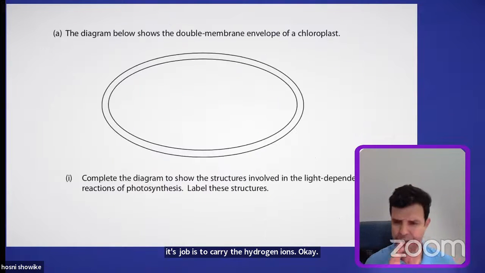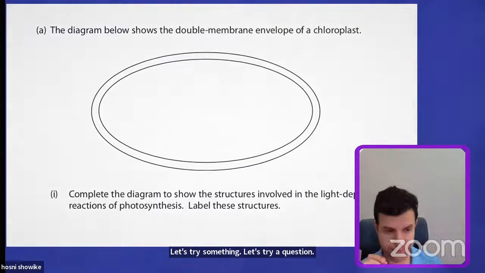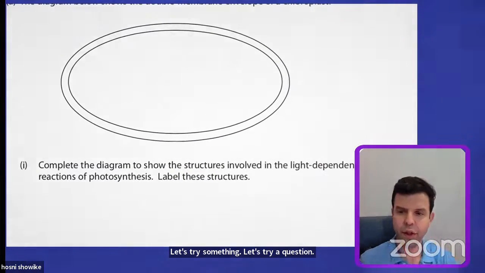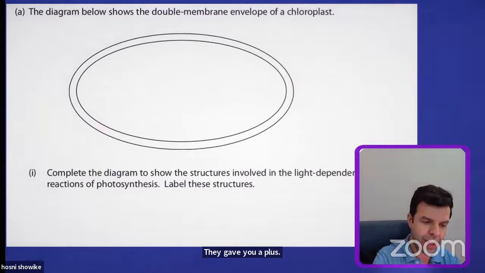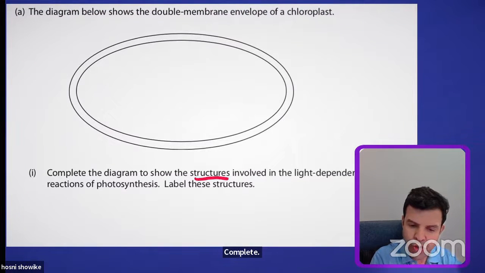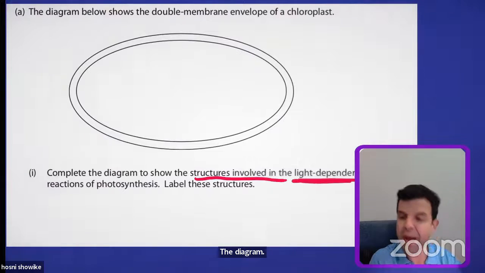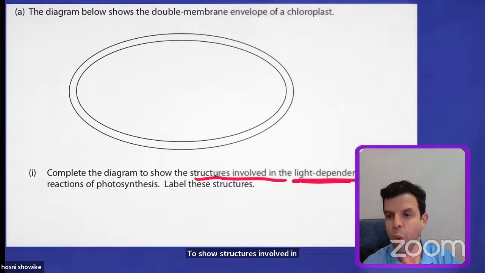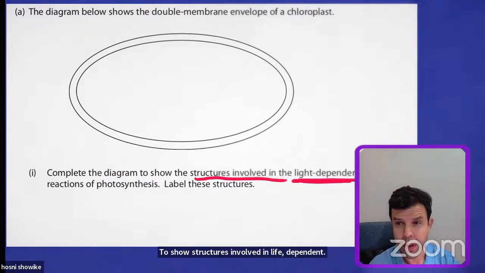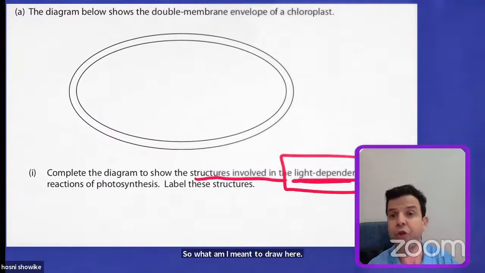Let's try a question. They gave me a chloroplast, and they said, complete the diagram to show structures involved in light dependent. So what am I meant to draw here? They said light dependent. Do I draw the stroma?